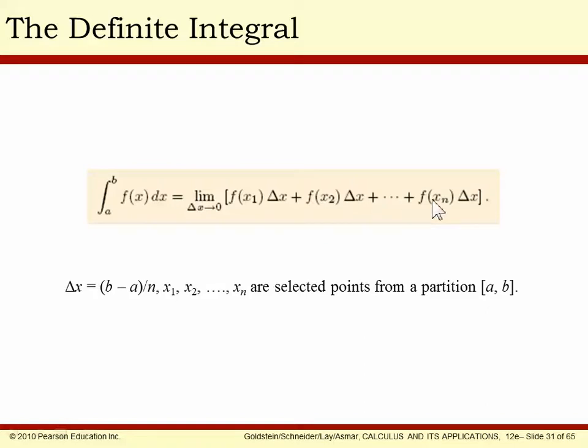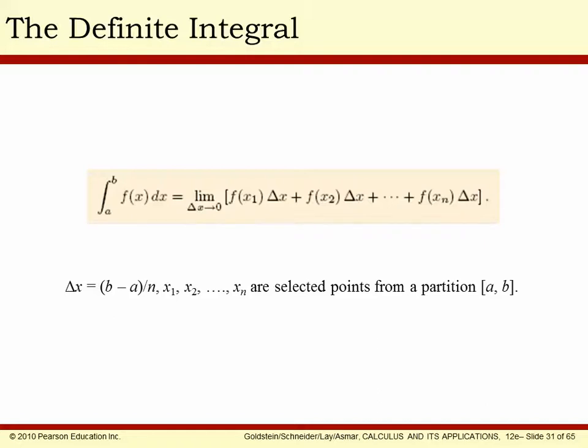And so on. This is the height of the nth, whatever n is, the 100th, the 50th, whatever it happens to be. Say n is 50. This would be the height of the 50th rectangle. This would be the base of the 50th rectangle. So does everyone understand? If we ignore the limit sign here, we just have a bunch of rectangles being added together. Is everyone okay with that?